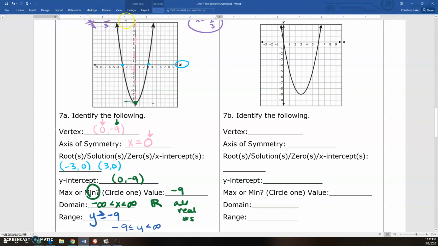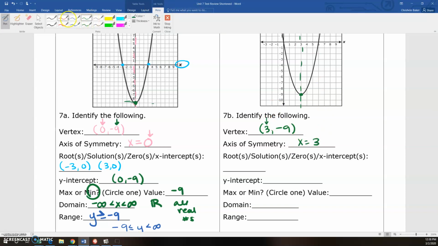All right, over here. This is my vertex, 3, negative 9. The axis of symmetry goes straight through the vertex. That's where we could fold our graph and have the same thing on both sides. That goes through the x value of 3, and this should always match.